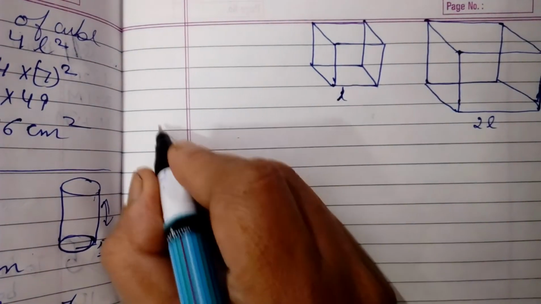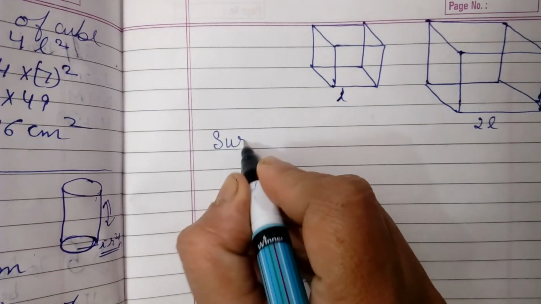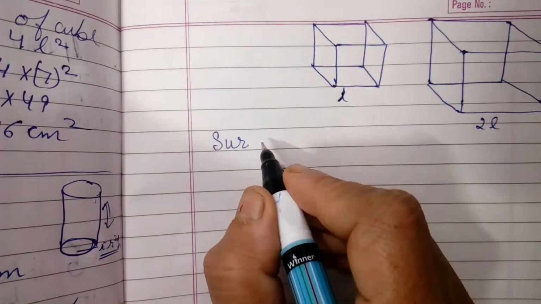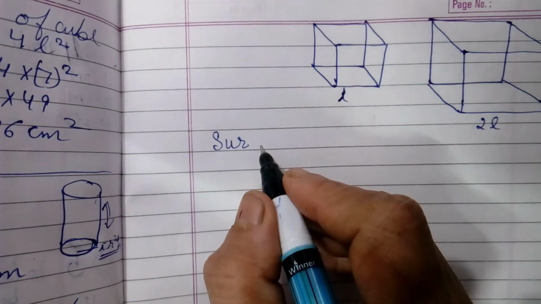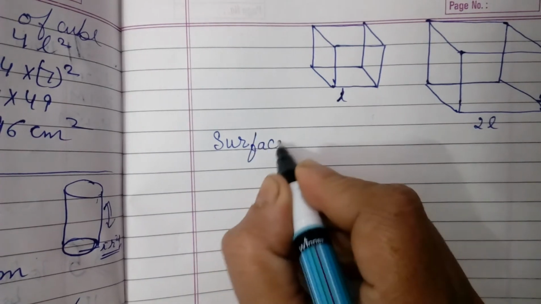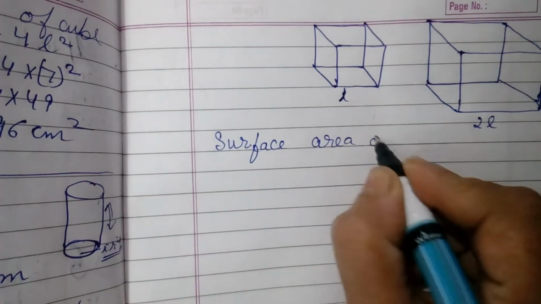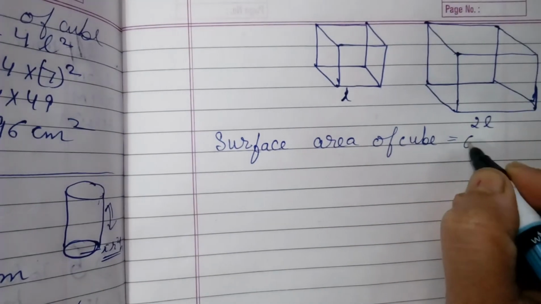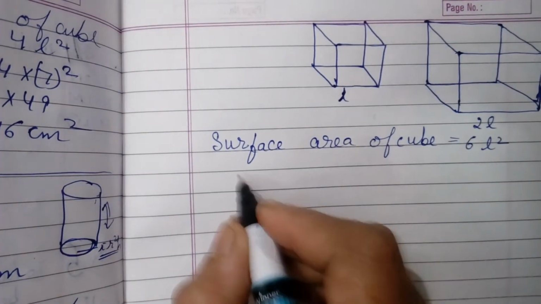Now we know that surface area, first they want how many times the surface area will increase. So what you will write, the surface area of a cube, we already know a cube has 6 faces, so 6L square.